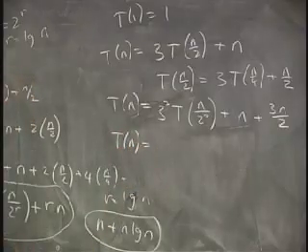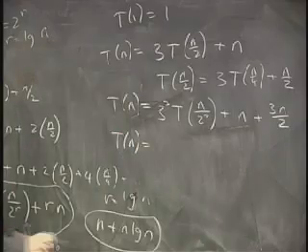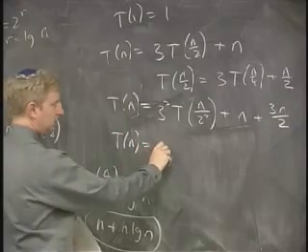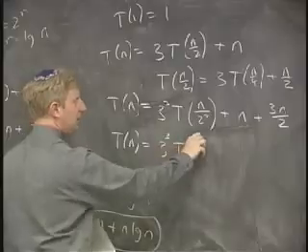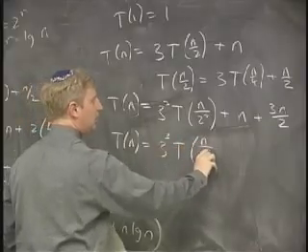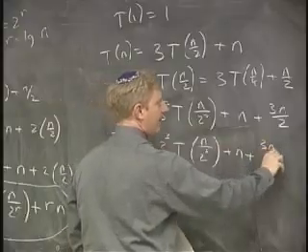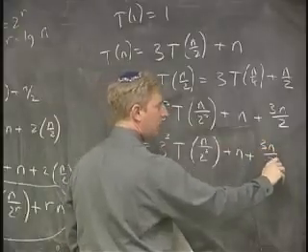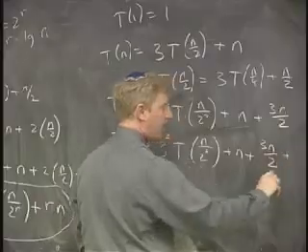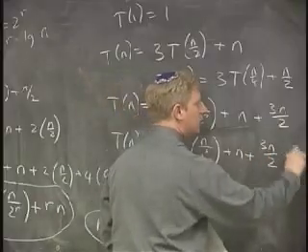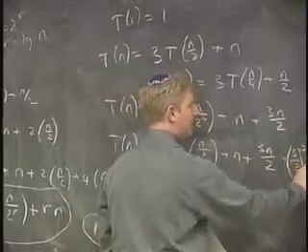What happens if I did it again? What would happen? Three cubed T(n/2 cubed) plus n plus 3n/2 plus (3/2) squared n.